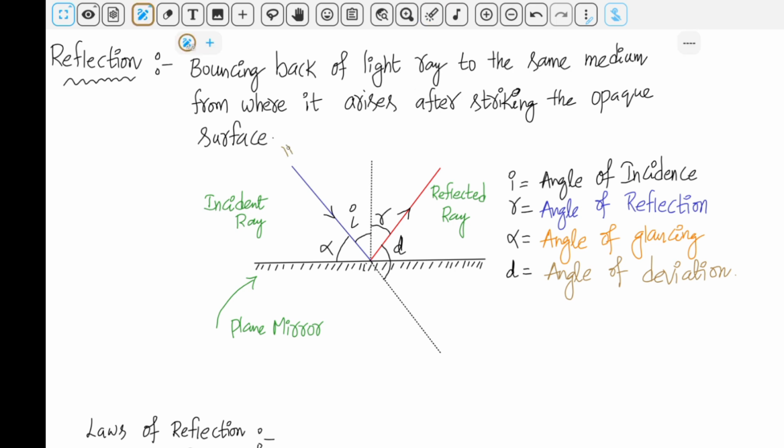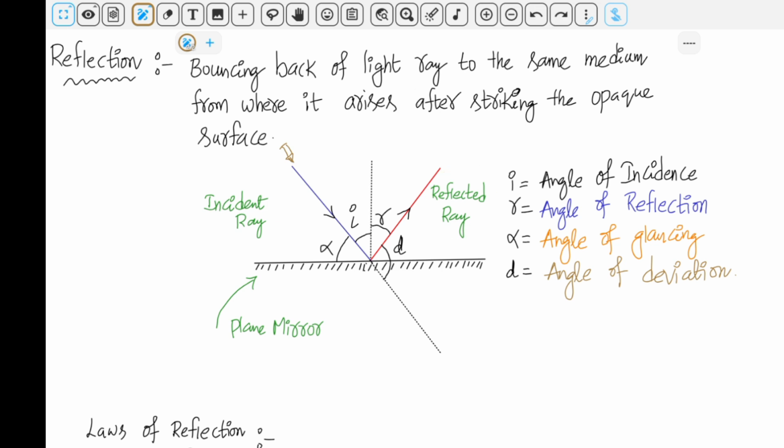So this is a light source which is sending a ray of light. From the light source, the light ray is striking the plane mirror, and after striking, it is bouncing back. So this blue colored ray is called the incident ray, and this ray is called the reflected ray.